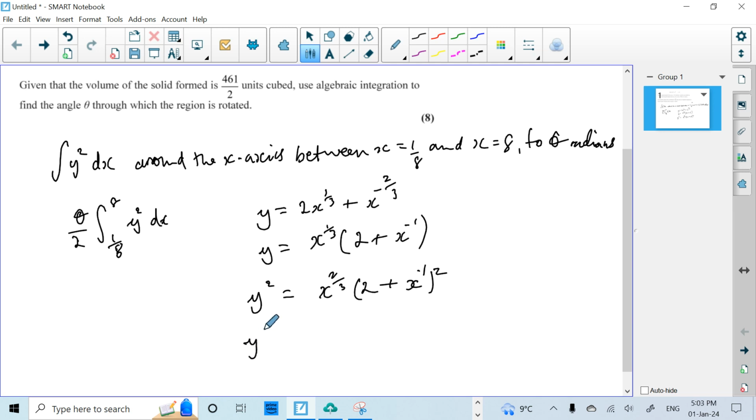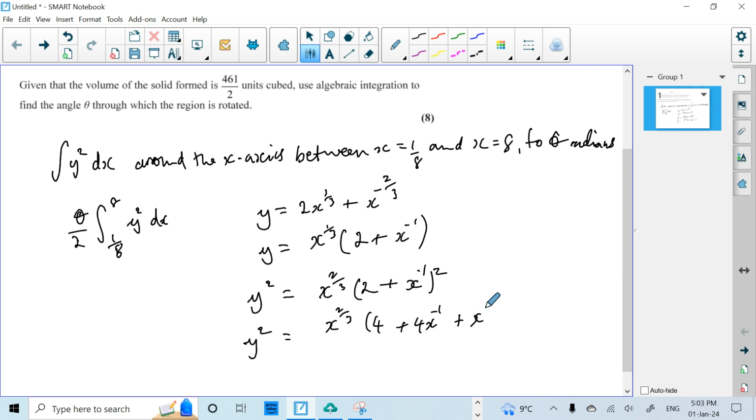That will give us y squared is equal to x to the 2/3, and now we've got to square all of that, so that's going to give us 4 plus 4x to the minus 1 plus x to the minus 2.